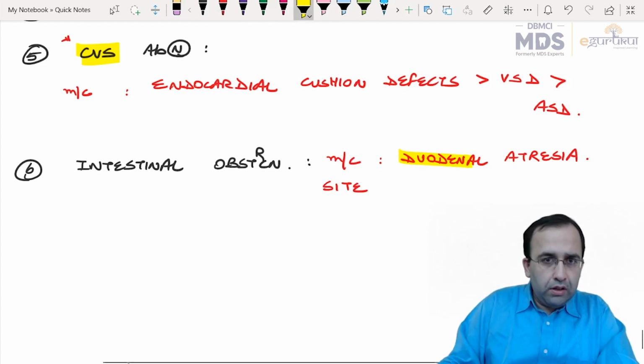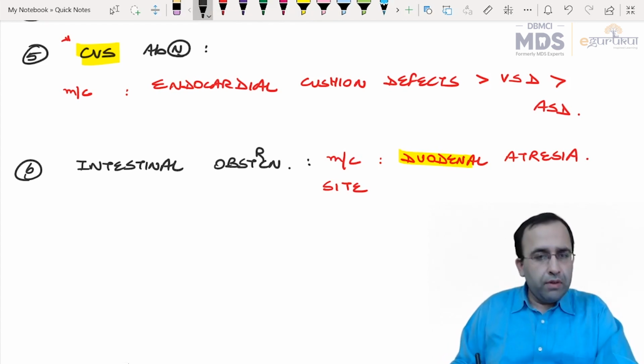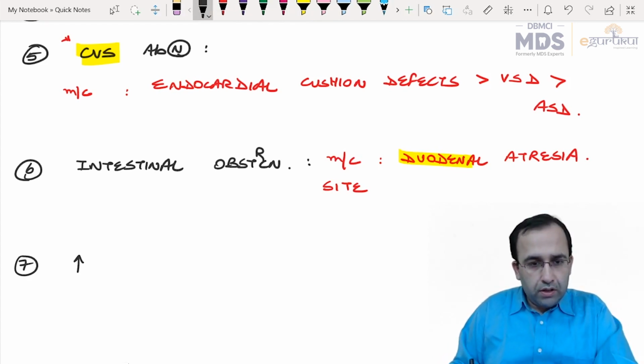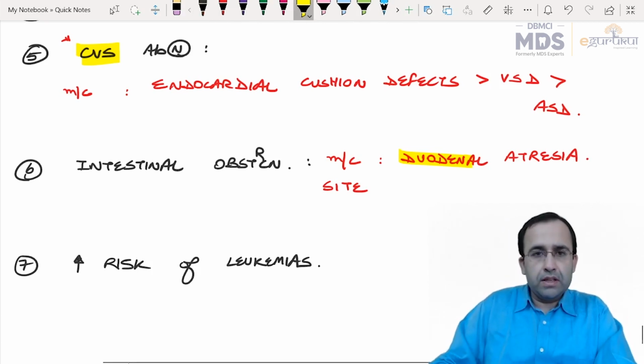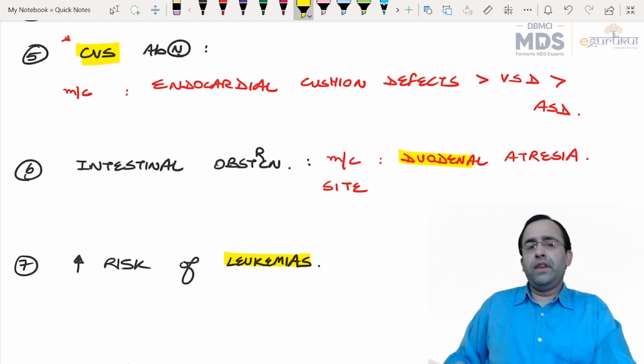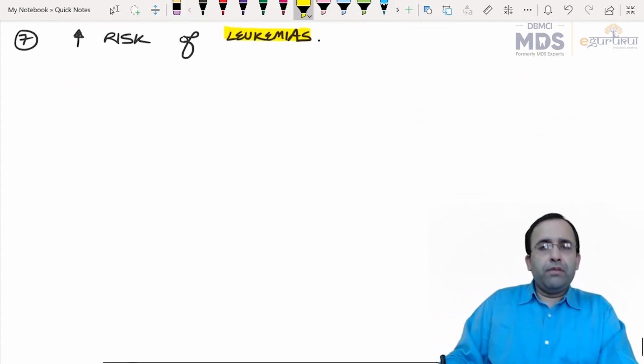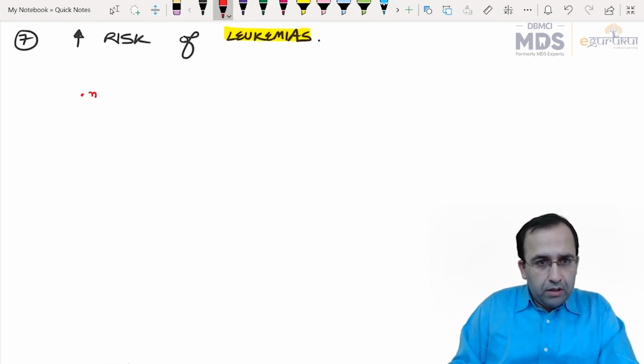Next point, Down syndrome is associated with increased risk of leukemias, that is, blood cancer. Again, it is asked: what is the most common leukemia associated with Down syndrome?